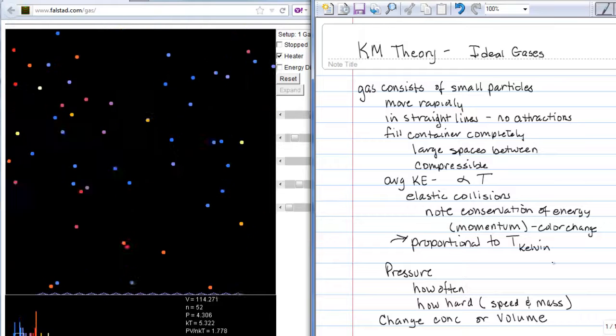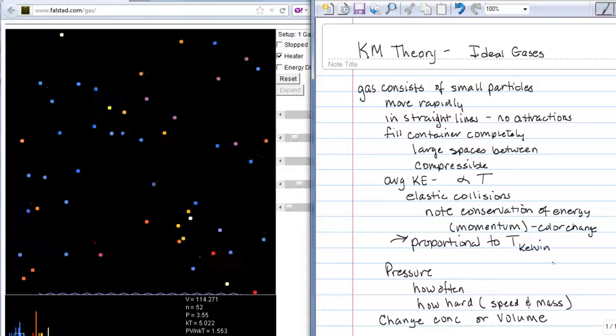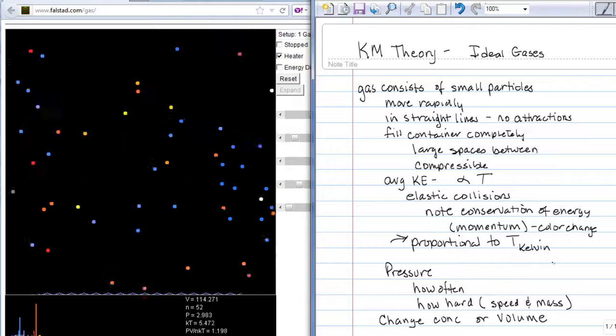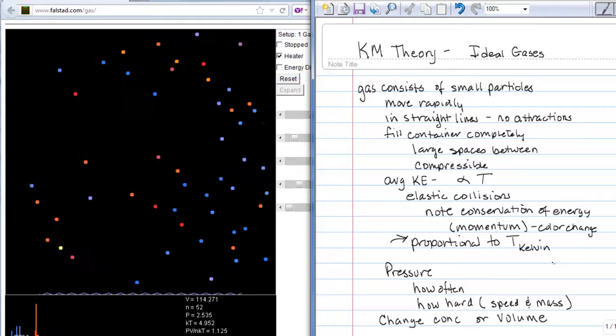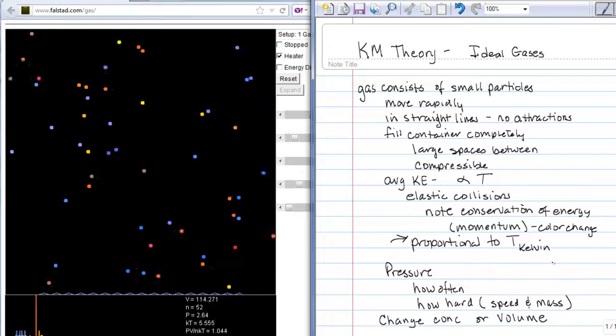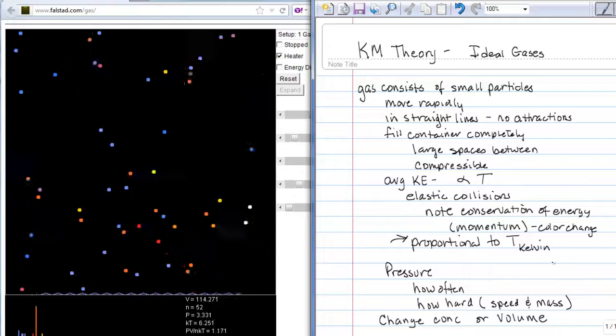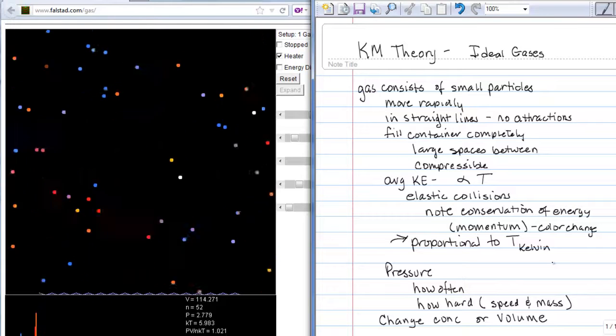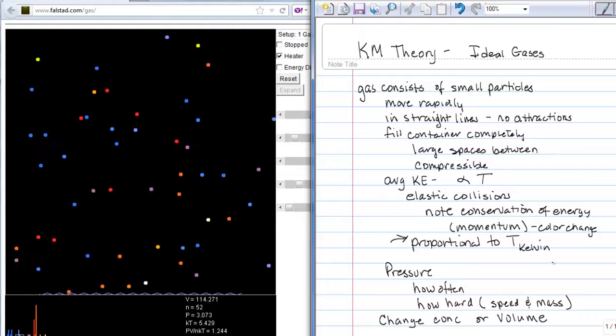So we're conserving momentum, and again you can see that by the color change. The white and yellow ones are the fastest ones, and typically when they hit something else they'll slow down and the other particle will get faster.